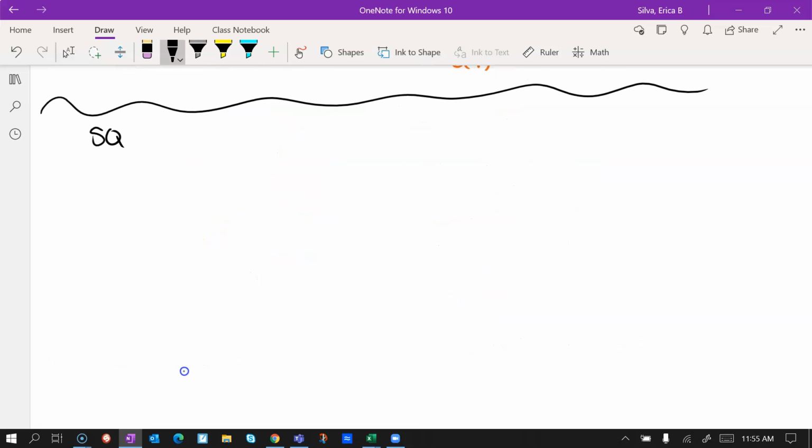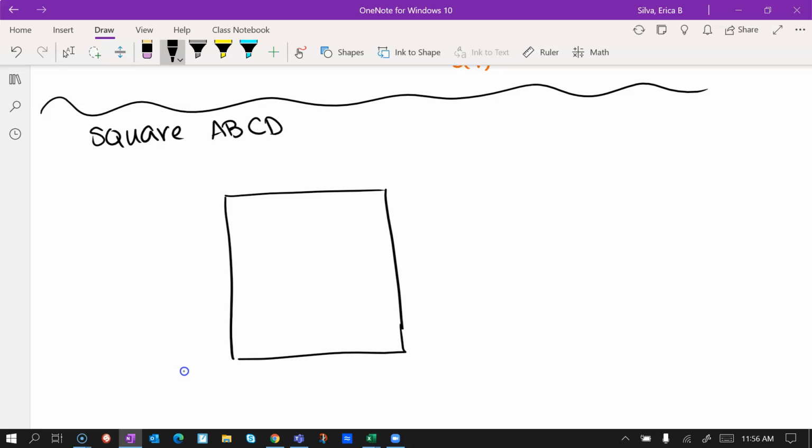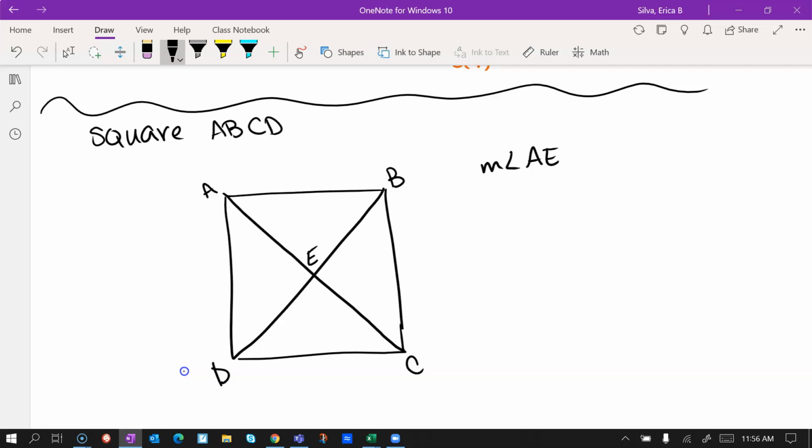Again, we have square ABCD, and their diagonals intersect at E. They're giving us the measurement of angle AED is 5x plus 5, and we need to find out what x is.